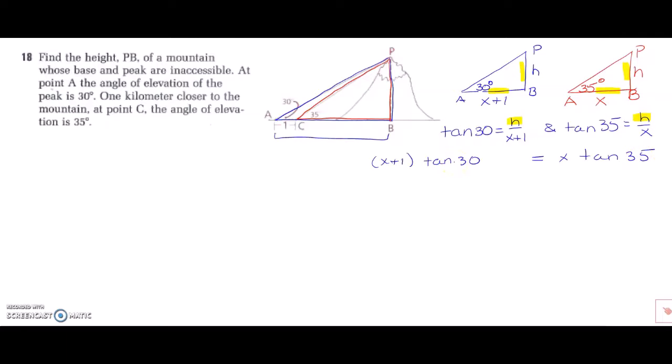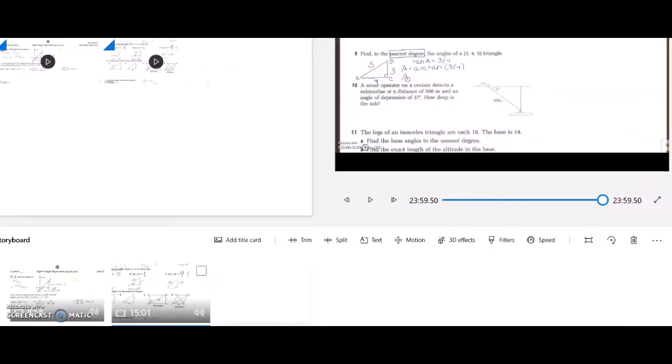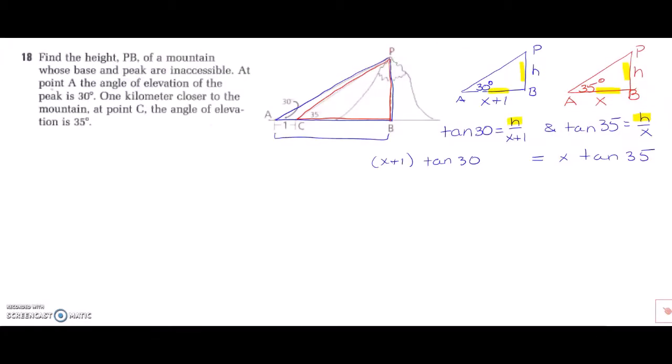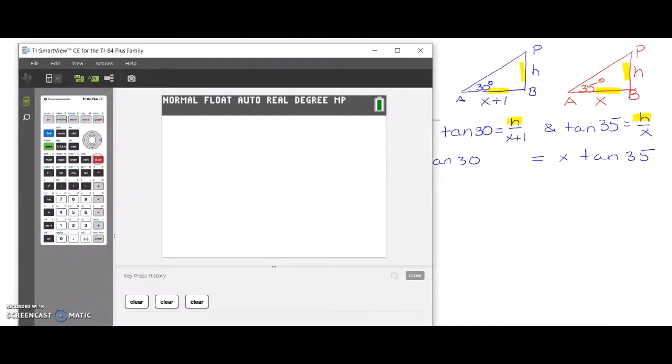Now, the tangent of 30 is square root of 3 over 3. But I don't know what the tangent of 35 is, and I don't really have a means to find that. So what I'm going to do is use the calculator.